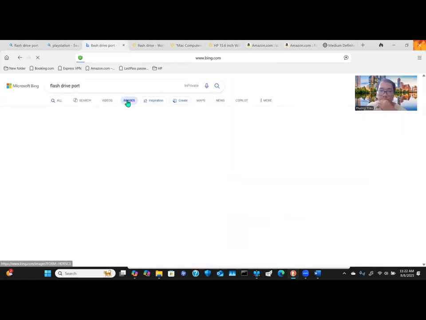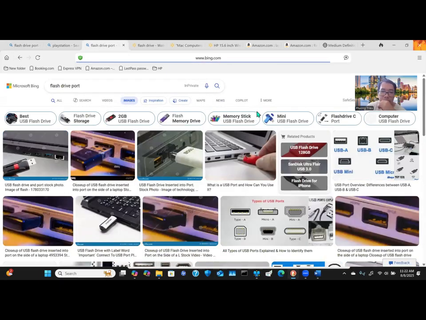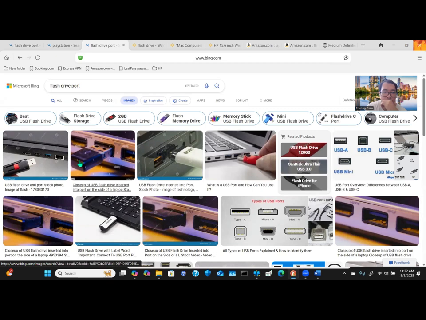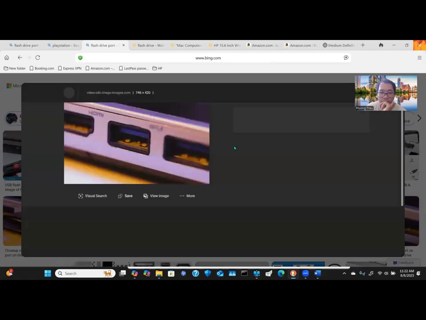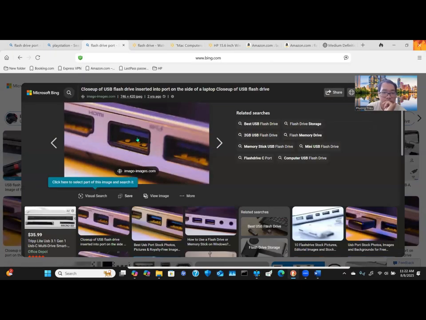Here, there's a USB port that can be used to insert a USB flash drive that looks like this and this. Normally if you buy laptops, you can see there are two or even just one USB port.